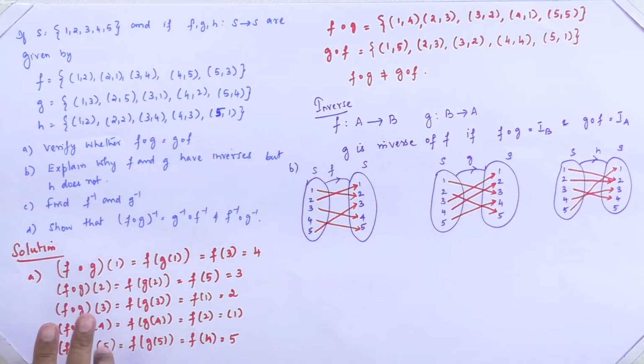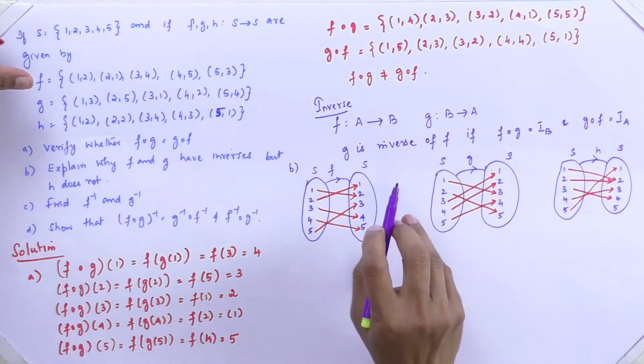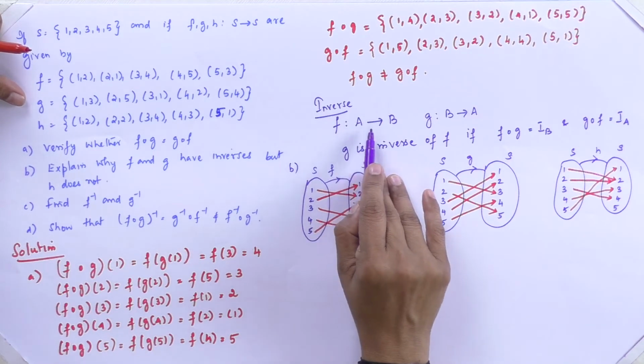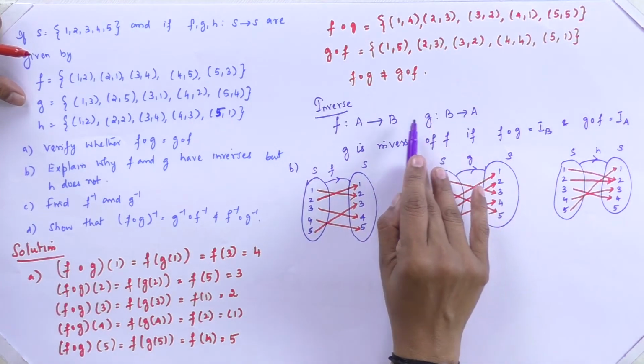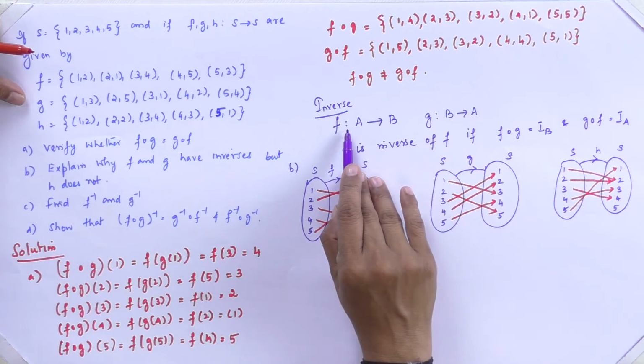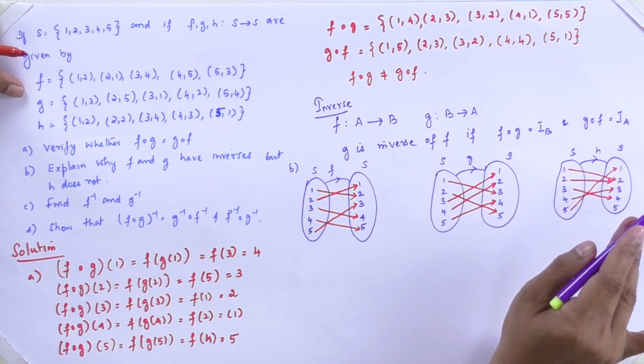Now we are in a position to say why F and G have inverses but H does not. For the inverse function, we know that if F is from A to B and G is from B to A, then G will be called the inverse of F if it satisfies this condition.